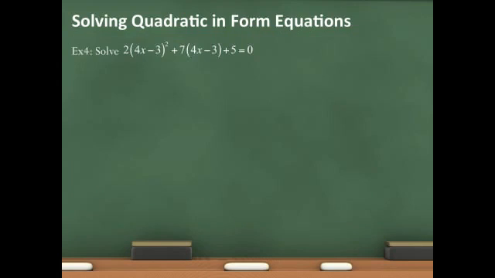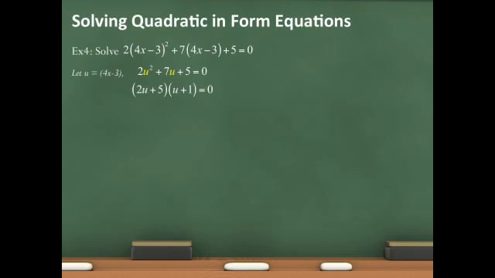In example 4, we are given 2 times the binomial 4x minus 3 raised to the second power plus 7 times the binomial 4x minus 3 plus 5 equals 0. Again, we do a substitution by letting u equal the binomial 4x minus 3. This will give us the equation 2u squared plus 7u plus 5 equals 0.